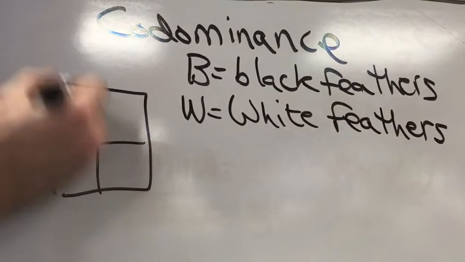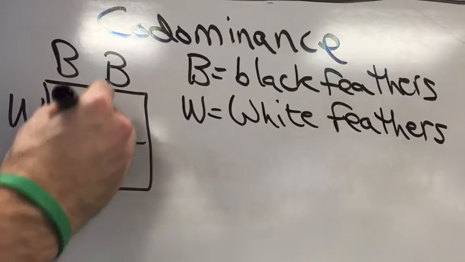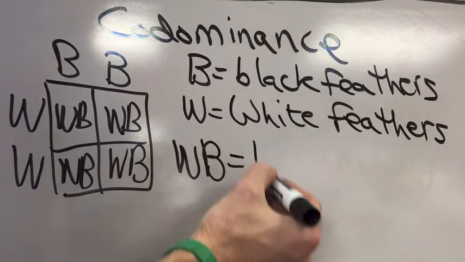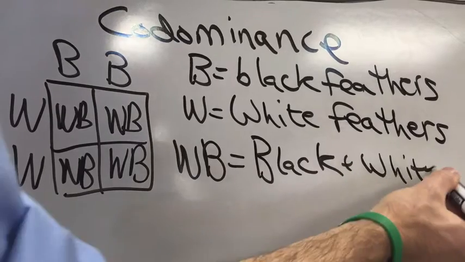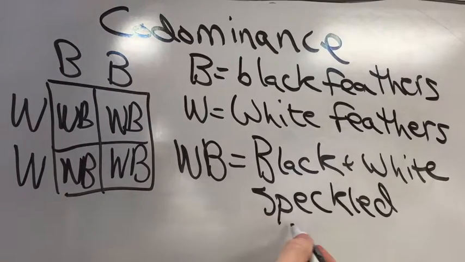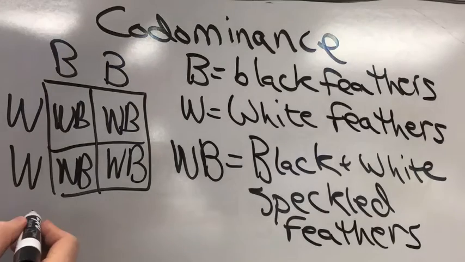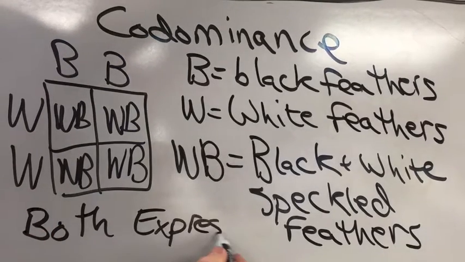So if we cross two parents that are homozygous, capital B capital B with capital W capital W, all offspring would be capital B, capital W with black and white speckled feathers. So this means both traits are being expressed in the chicken.